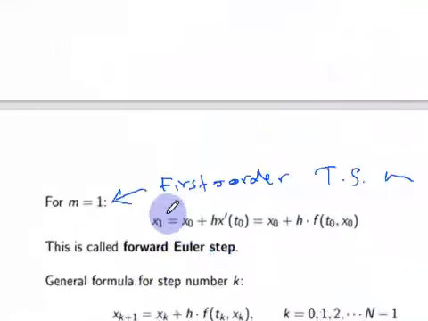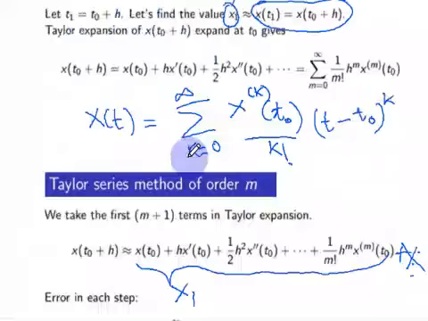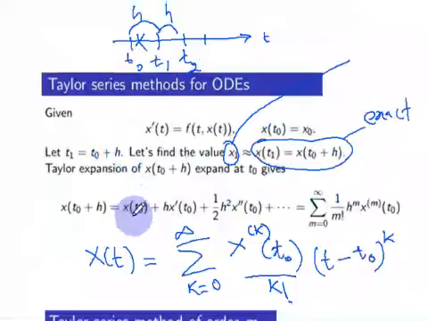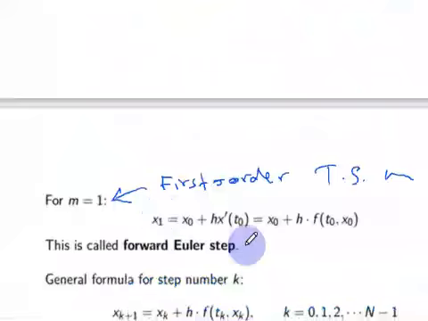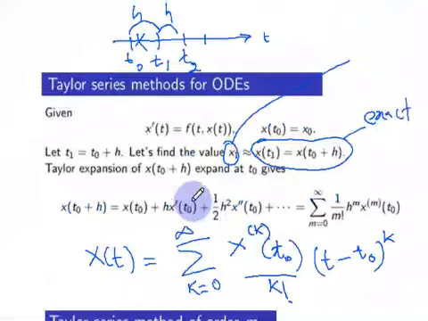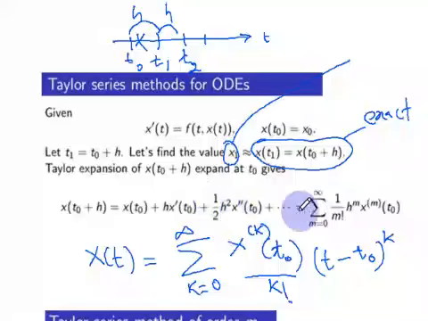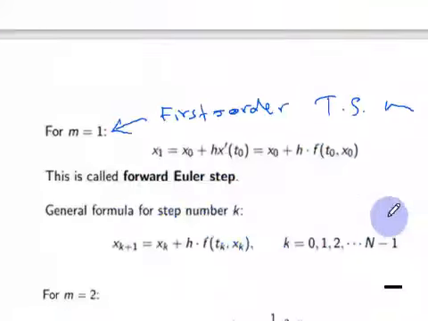So x naught is this one, plus h times x prime evaluated at t naught. You throw all these terms away. So this is called the first order Taylor series method.